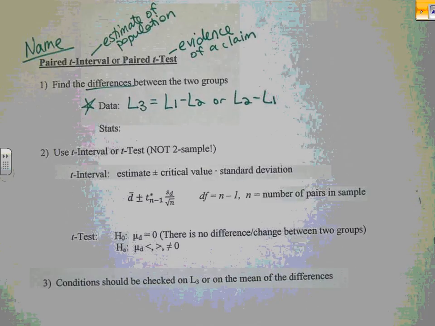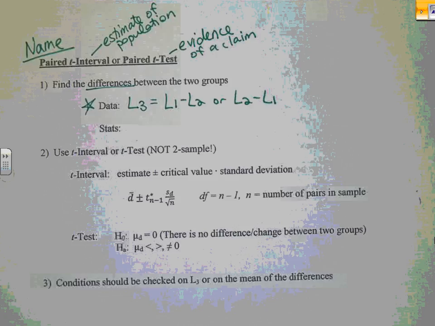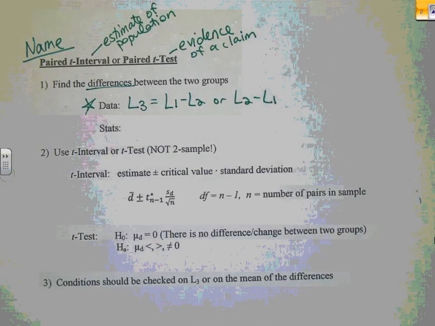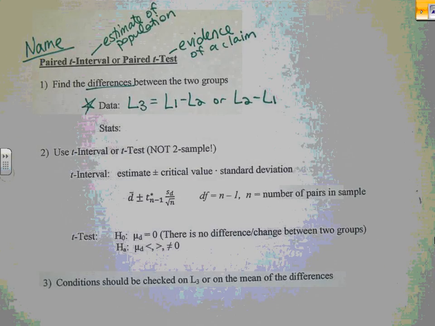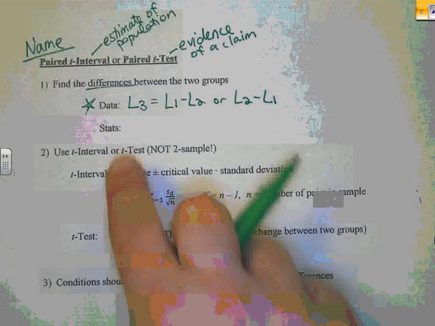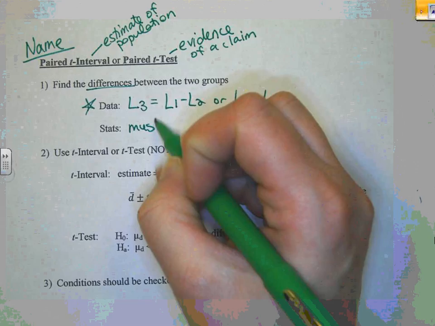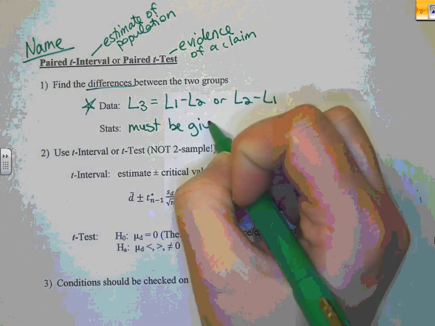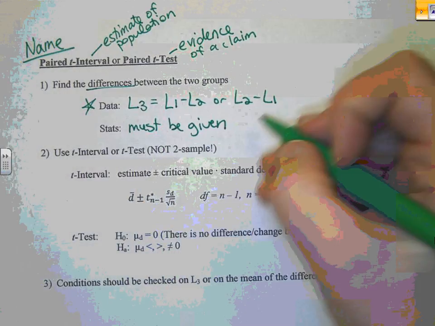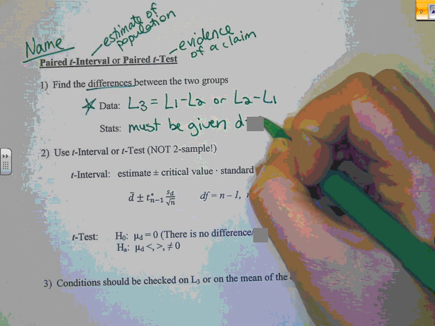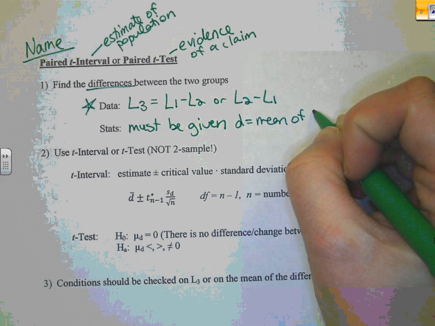So it's like if you have a pair, you're subtracting every pair and finding how different each pair is. You probably won't ever do the stats menu with that. The only time is if you're given d, which is the mean of the differences.